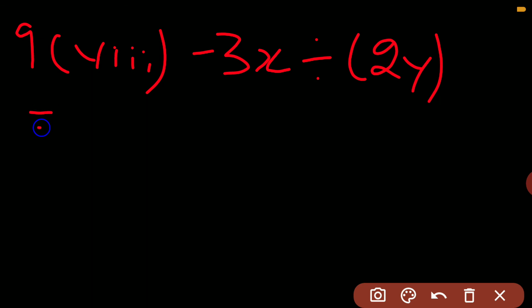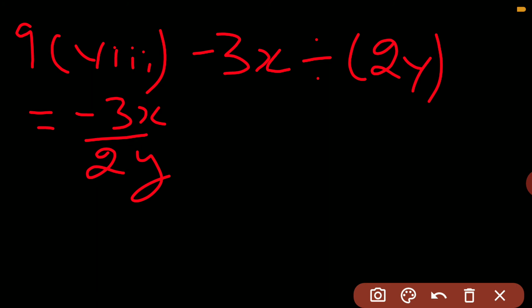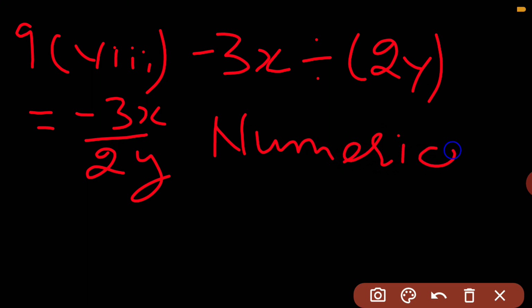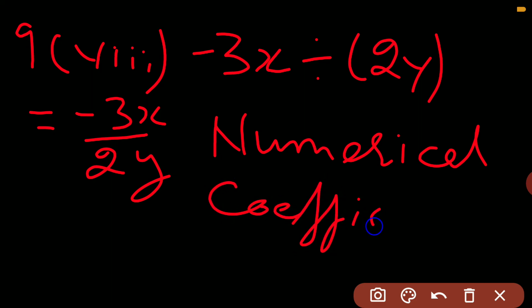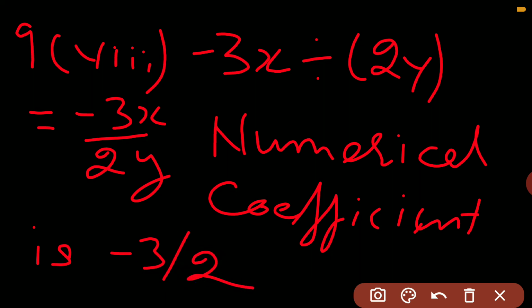So this can be written as minus 3x upon 2y. What should be the numerical coefficient of this fraction? The numerical coefficient is minus 3 upon 2. So this is my answer here.